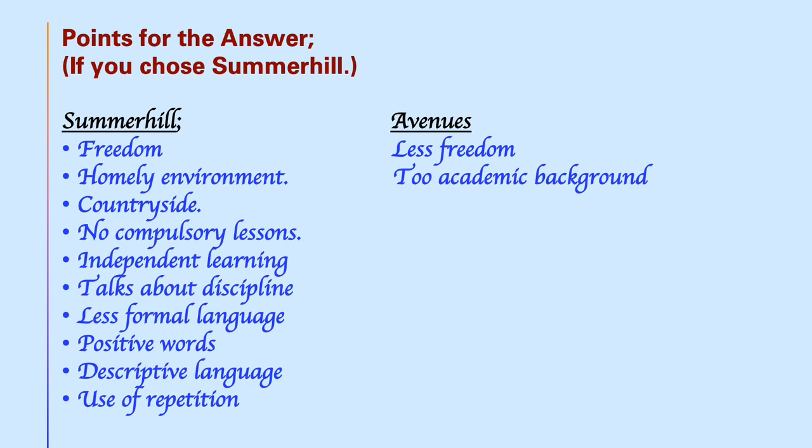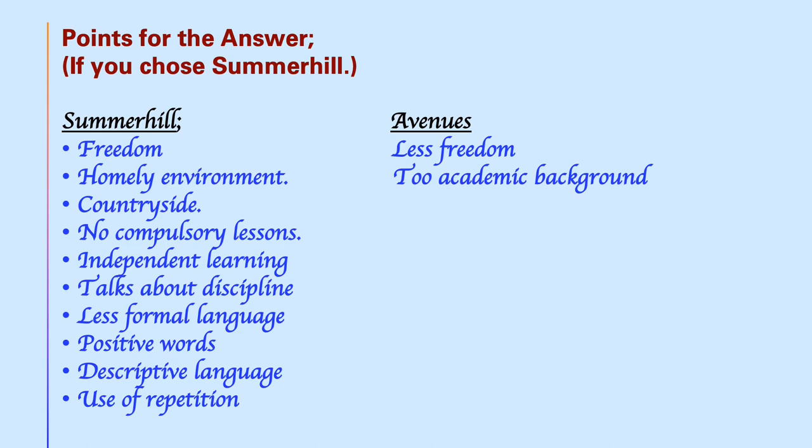And additionally, you can write about the language. The language used is less formal, and positive words are used, descriptive language is used, and you can write about the use of repetition.